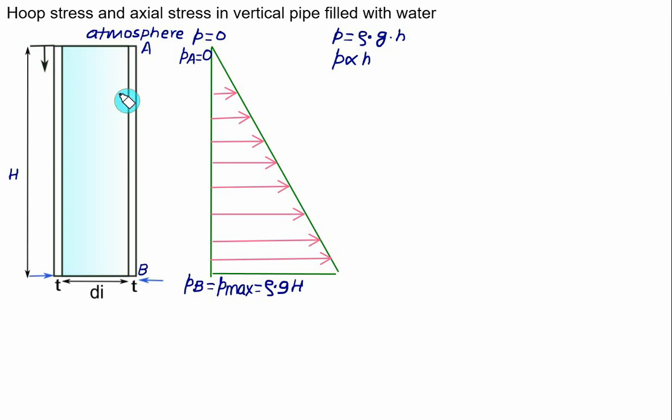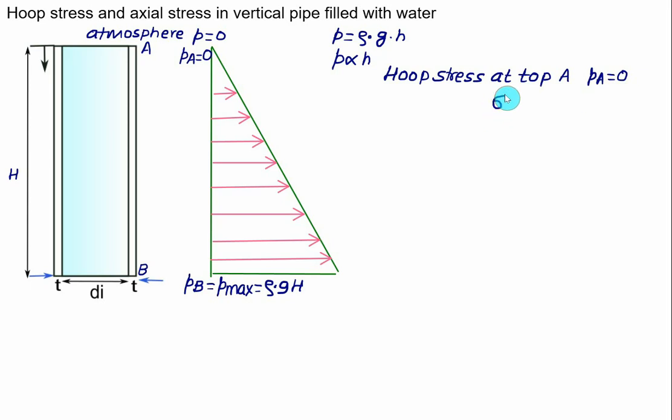In the case of a vertical standpipe, the hoop stress and the longitudinal or axial stress are two types of stresses that can occur. The hoop stress, also known as the circumferential stress, is the stress that occurs in the circumferential direction of a cylindrical object like a standpipe, and is caused by the internal pressure P. Since the pressure is variable, the pressure at point A is equal to 0, so the hoop stress at point A will also equal 0.